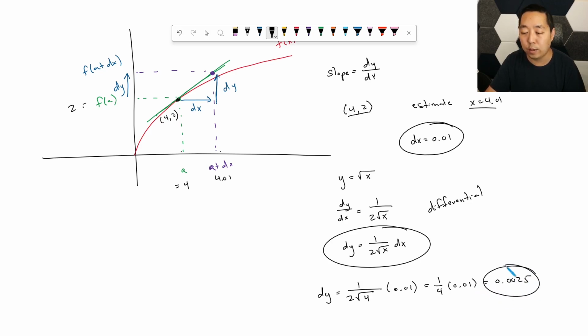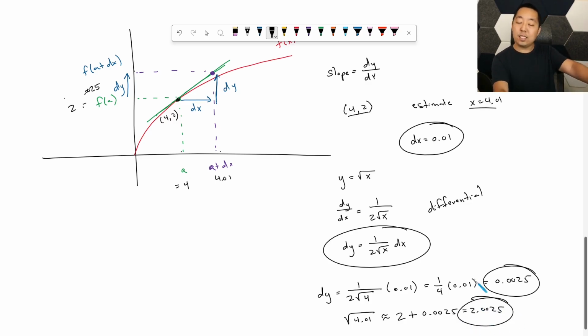So what does dy represent? dy represents the distance between here and here, between the 2 and the value I'm trying to approximate. So dy is this distance. So then your estimate for y, so the square root of 4.01, is about equal to the y value plus the dy value, which is 2.0025.